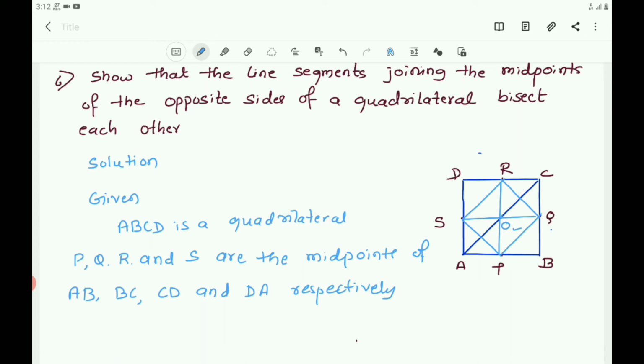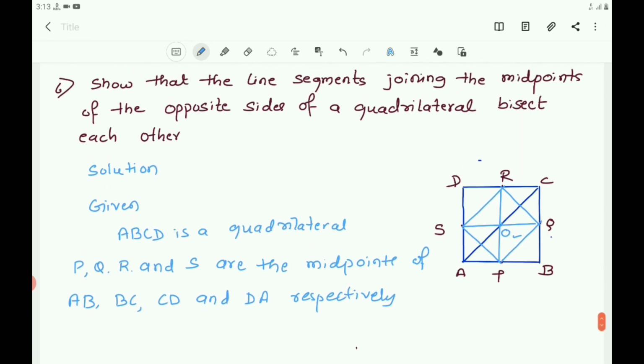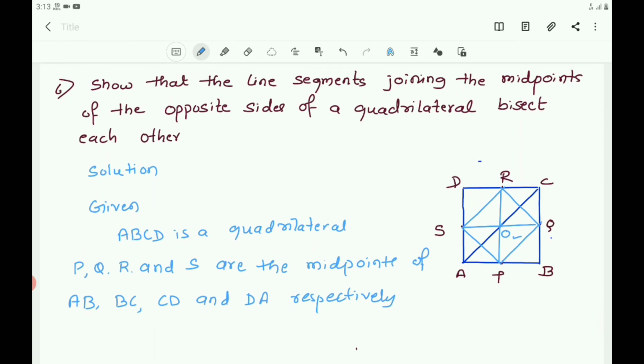So here you can say that SO equals OQ, RO equals OP, and the line segments joining the midpoints of the opposite sides of the quadrilateral ABCD bisect each other. Now to prove that PQRS is a parallelogram, we have to show that a pair of opposite sides are equal and parallel. So let us prove here SR equals PQ and SR is also parallel to PQ by using the midpoint theorem.